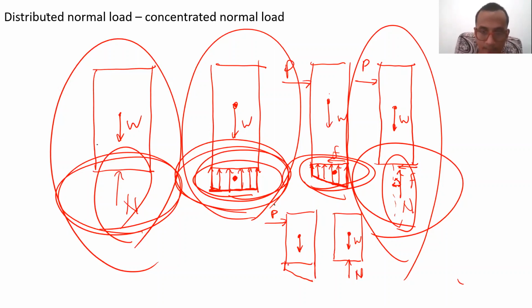It will be linear. That's why the representative concentrated force of the normal force is supposed to be slightly on the right, because the COG is slightly on the right, like this. So the normal force is supposed to follow that.